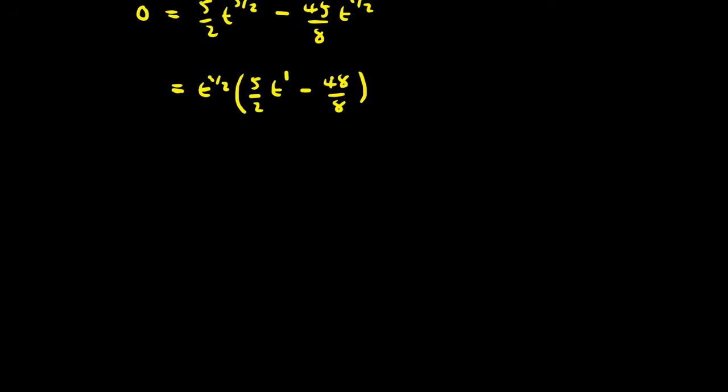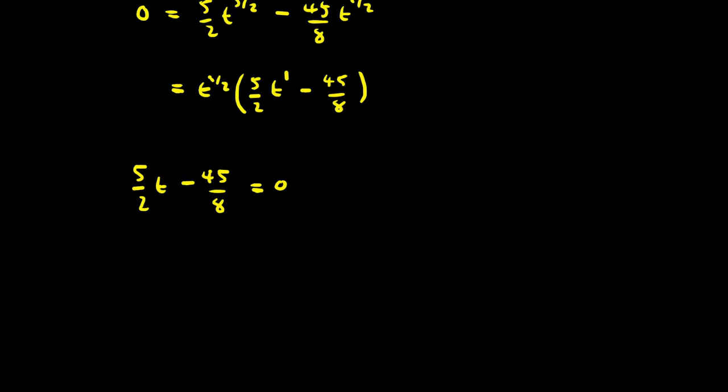Well, that's either got solution t equal to 0, which we're not interested in, or we've got 5/2 t minus 45/8, beg your pardon, sorry about my handwriting, is equal to 0.